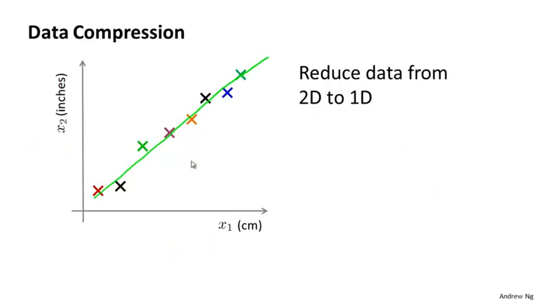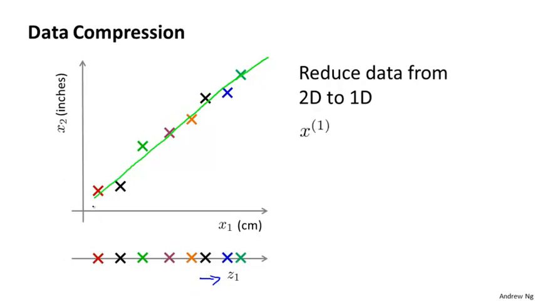By doing so, I can just measure the position of each of the examples on that line, and come up with a new feature, z1. To specify the position on the line, I need only one number. So z1 is a new feature that specifies the location of each of those points on this green line.